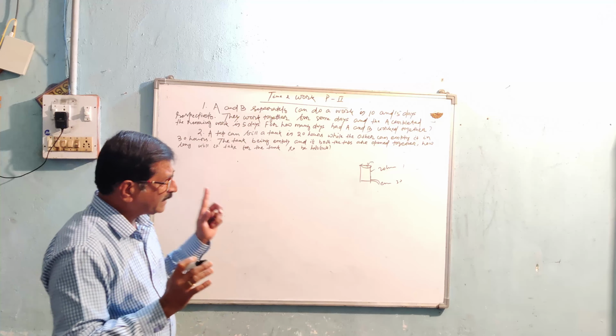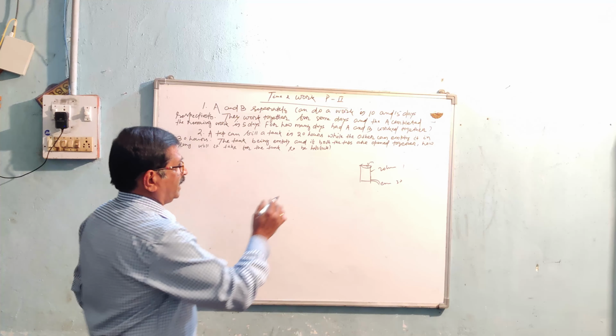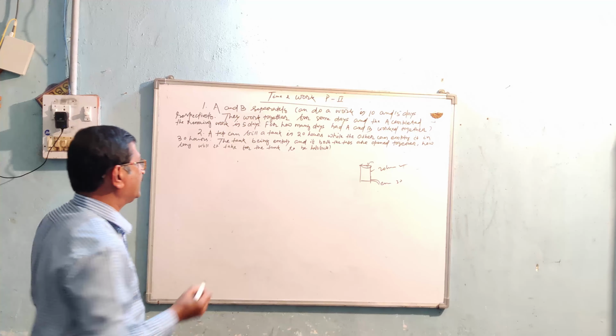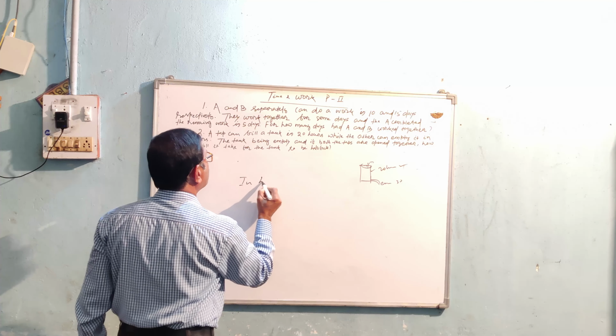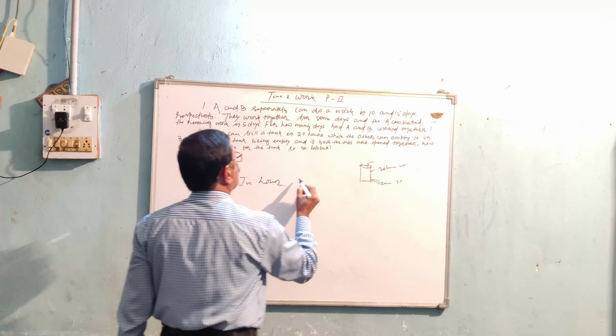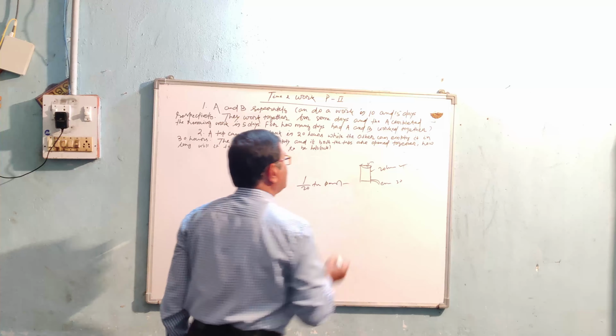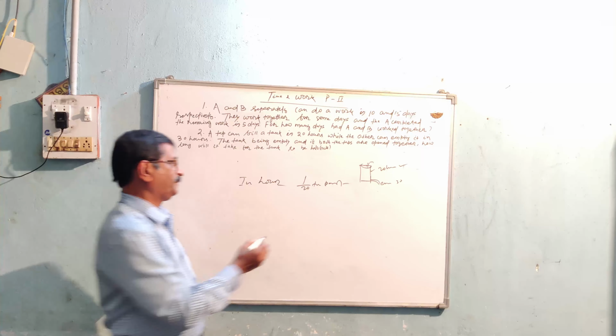So if both the taps are open, in how many hours will the tank be half full? Whenever the first pipe can fill the tank in 20 hours, in 1 hour 1/20th part of the tank can be filled by the first pipe.